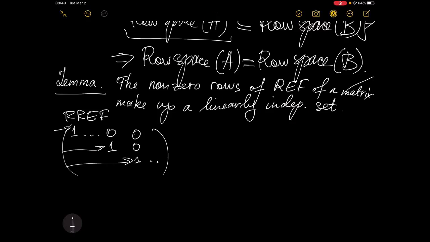You cannot get, for example, this row from a linear combination of any other rows in the reduced row echelon form, because you cannot get this thing using the zeros which are in front. So in a reduced row echelon form, it's obvious.